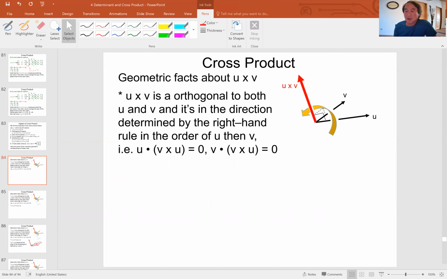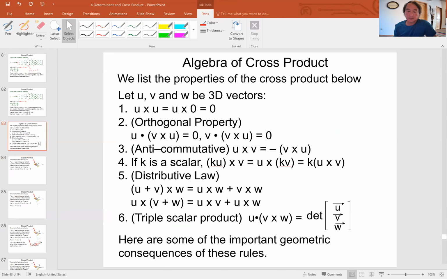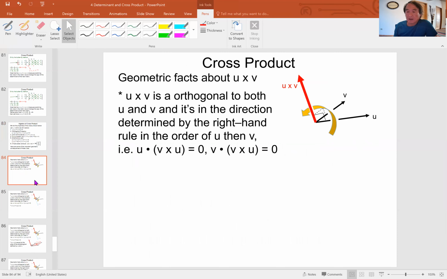Then we have this triple product formula. If I dot something with the cross product of two other vectors, that's the same as the determinant of the matrix u, v, w. Remember, that's the same as the volume of the parallelepiped, the box defined by u, v, w.